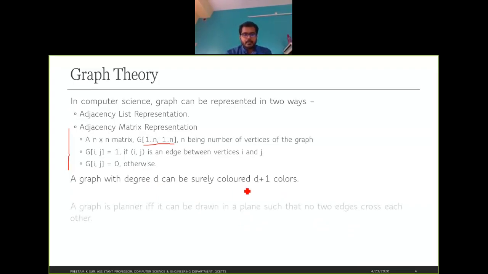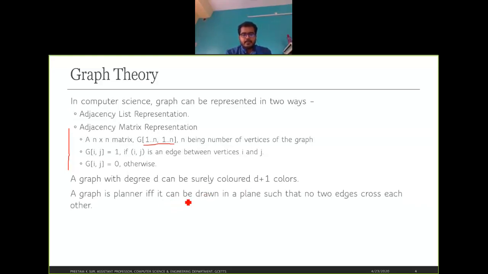Now, a graph is planar. I think you already know what a planar graph is. A graph is planar if it can be drawn in a plane such that no two edges cross each other. Suppose you have a three vertices graph; this is a planar graph, because no edge crosses another.